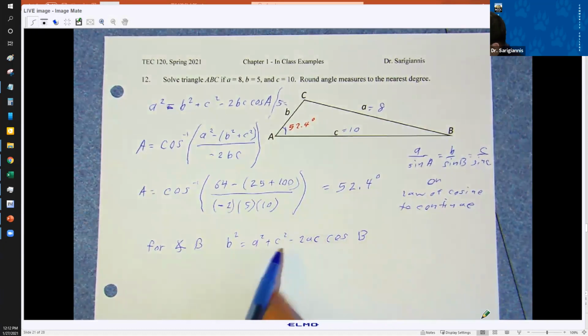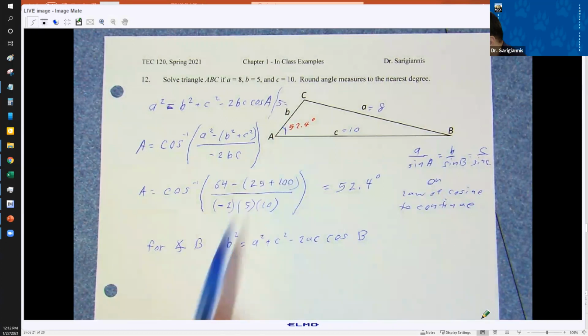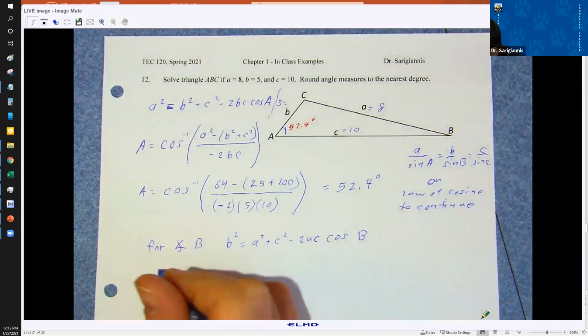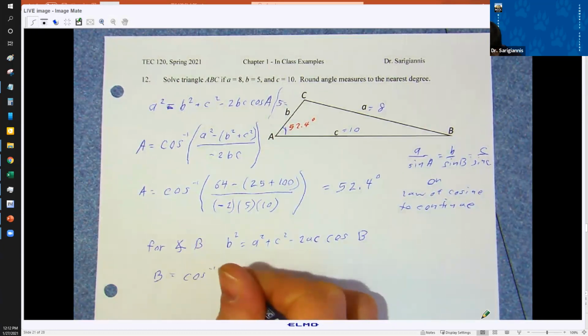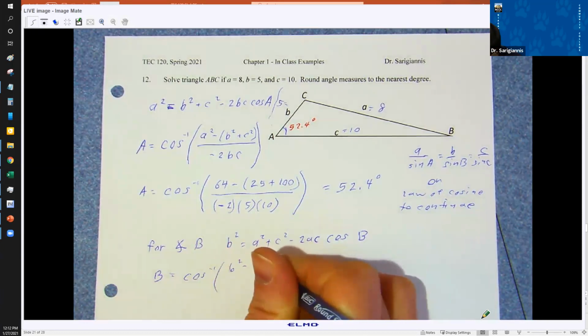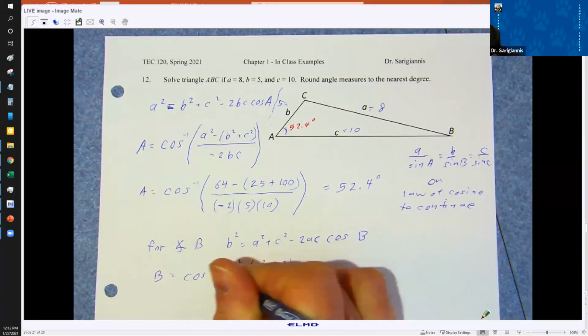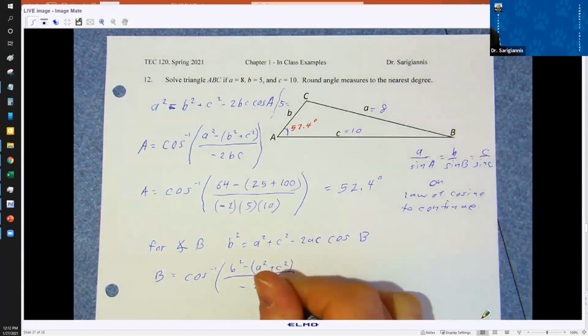So these are the two sides, a and c. This is the angle between them, and this is the opposite side, b. So I do the same math as I did up here, and I wind up with B as the inverse cosine of, again, b squared minus a squared plus c squared over -2ac.